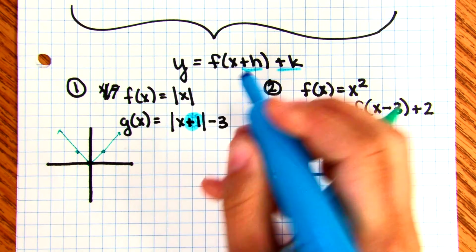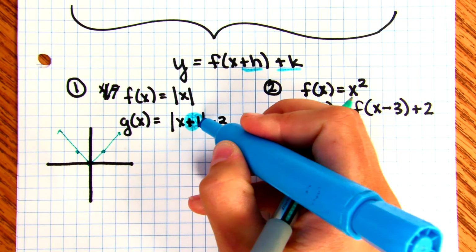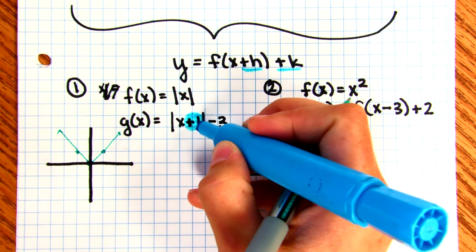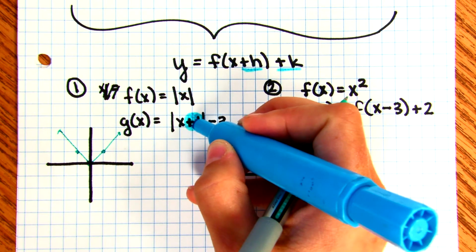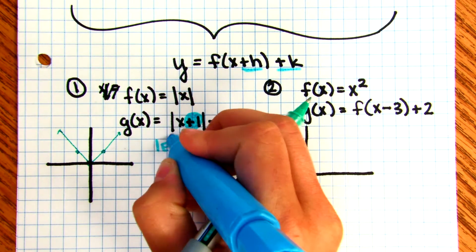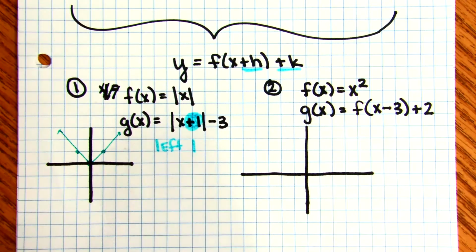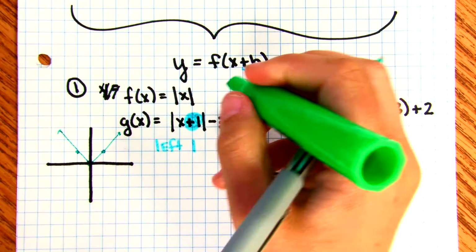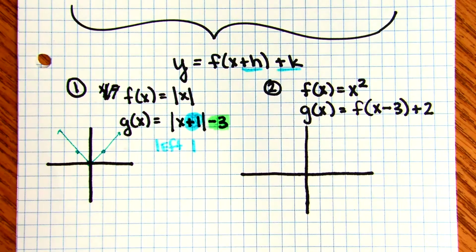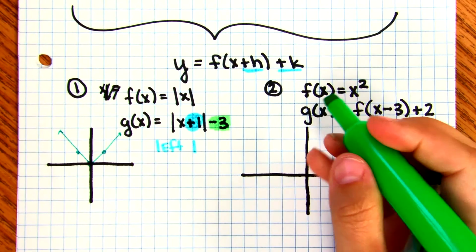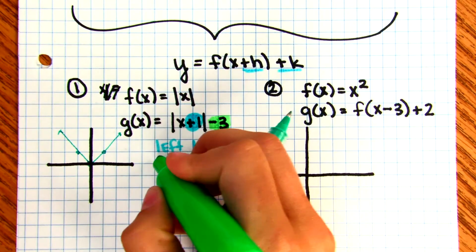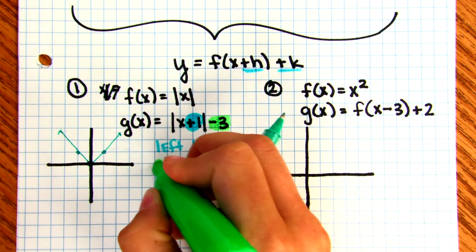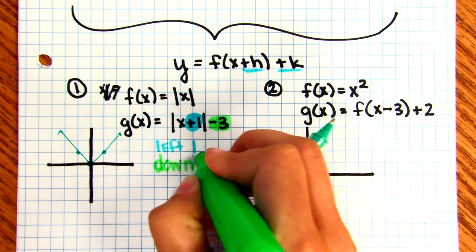So if it's inside, that means it's moving horizontally, so left and right. It's going to go to the opposite direction, so it's actually going to go left 1 unit. Then I see it's subtracting 3 on the outside, so that's an up and down movement. This is exactly what it says, so it's going to be down 3 units.